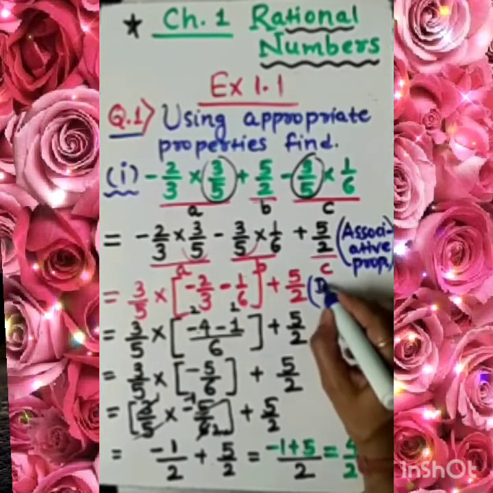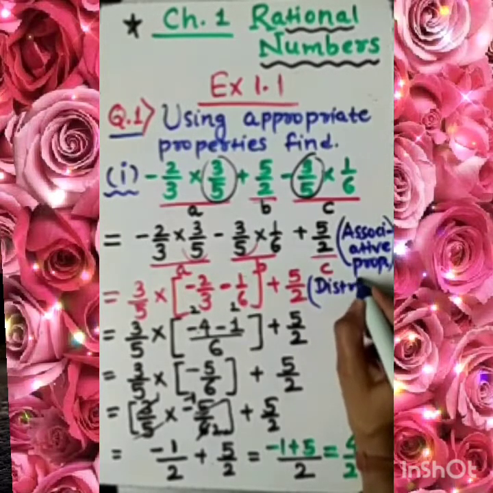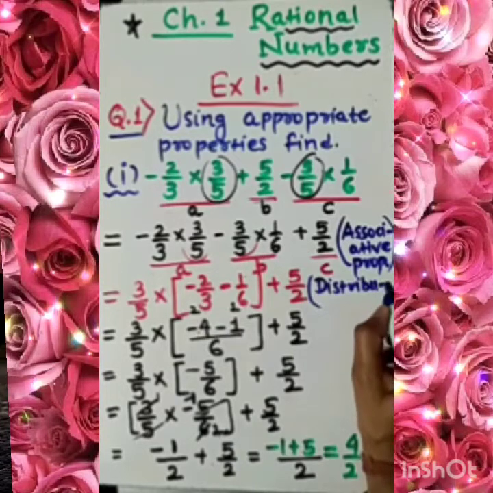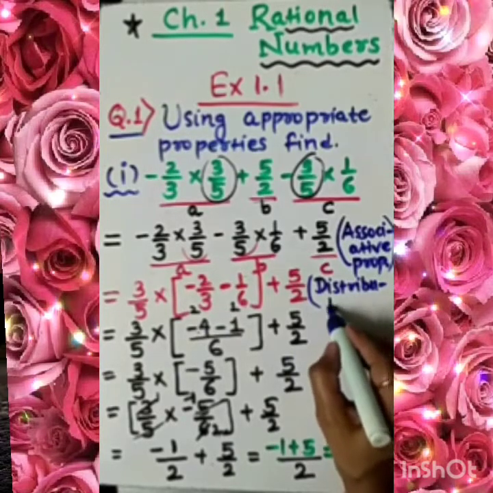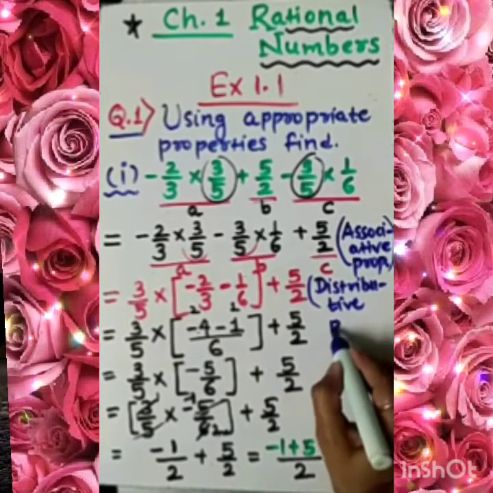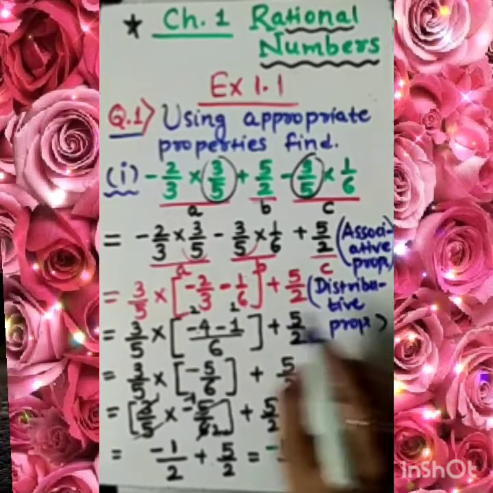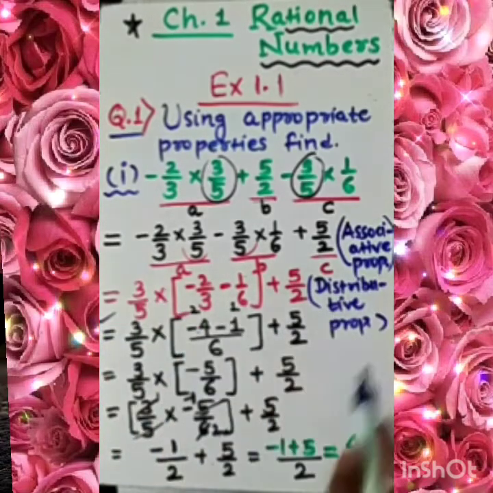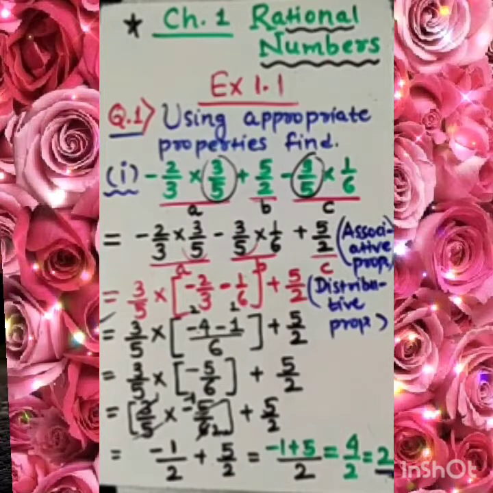So I am mentioning here distributive property in front of this step. Okay, so in front of this step, these two properties we have used, and through that we are able to solve this question of rational numbers.